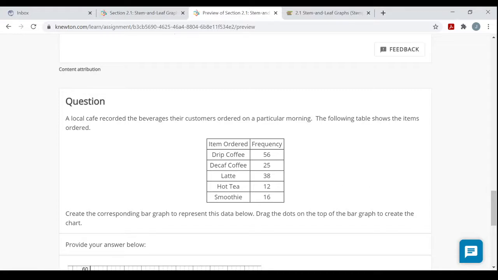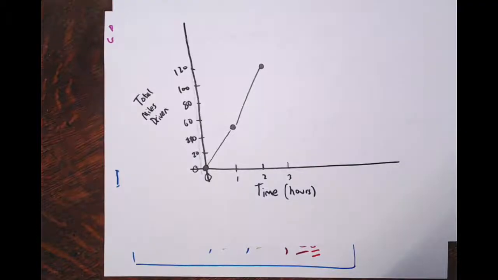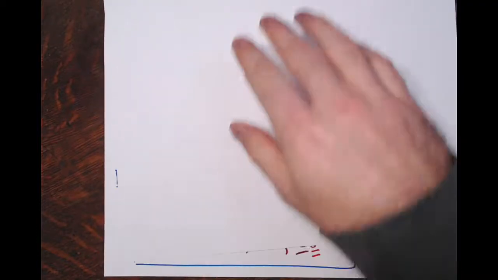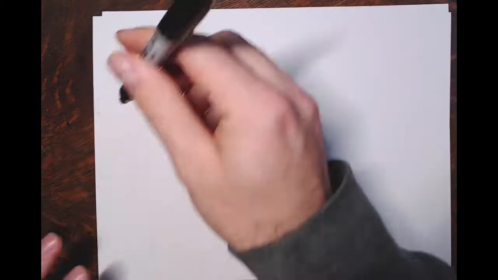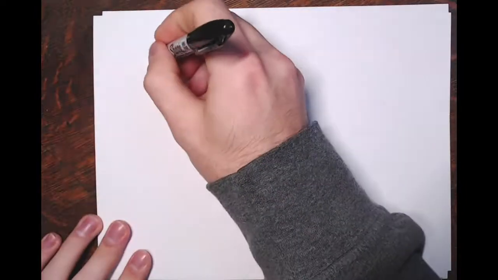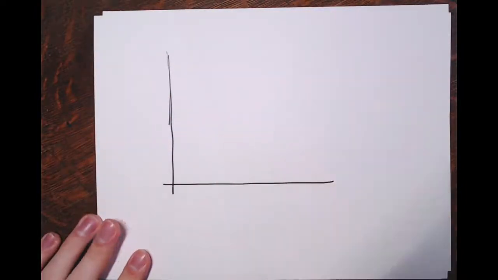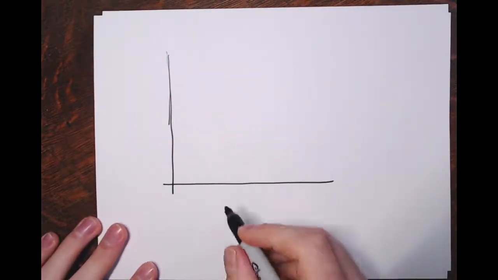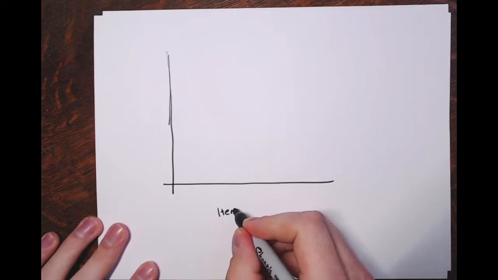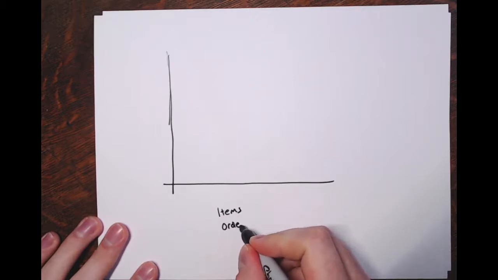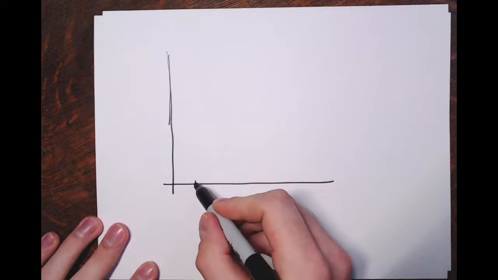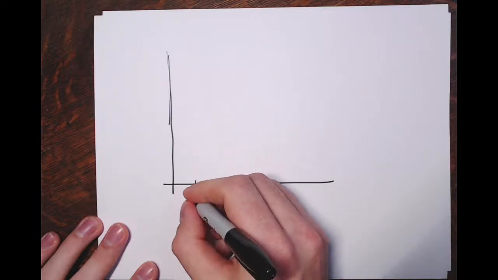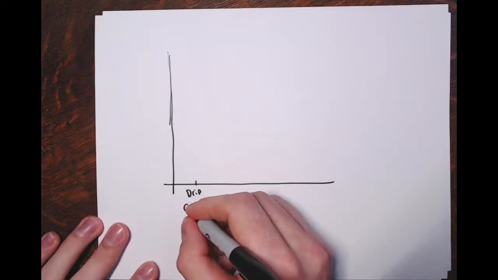All right, so if I were making this by hand, I'd have little two axes here. Down here, items ordered was one column, and you had drip coffee. I'll just do the first couple.